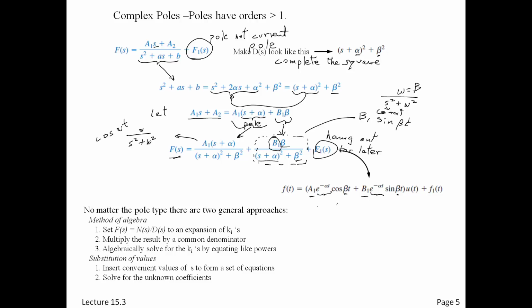So let me sum up. I just sort of extracted this from the text, so you can find it there, just not laid out like this. No matter what pole types, there's two general approaches.